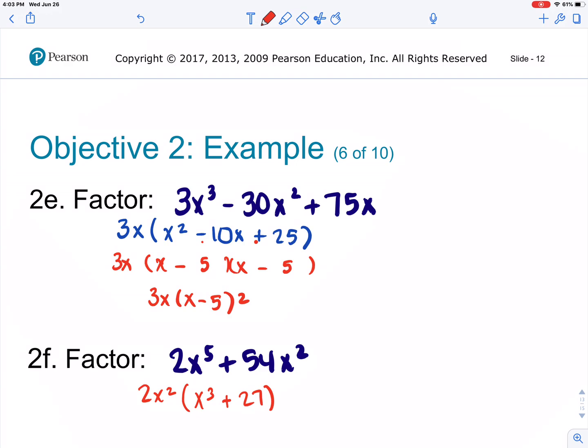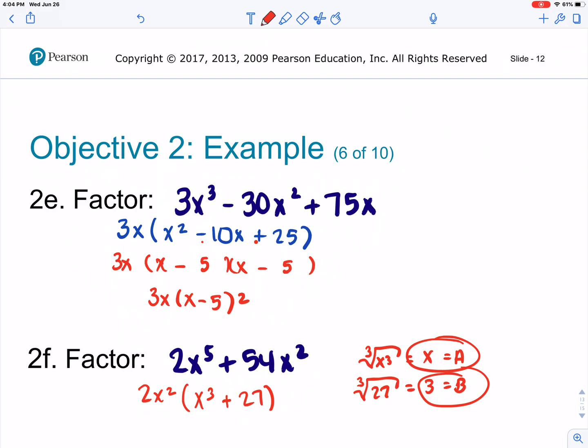And then I look at that and I go, oh, wait a minute, x to the 3rd and 27 are perfect cubes. The cube root of x to the 3rd is x, that would be my a value. And then the cube root of 27 is 3, which would be my b value.